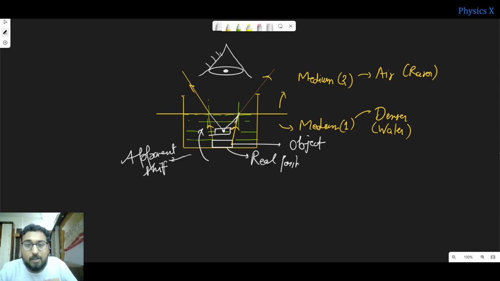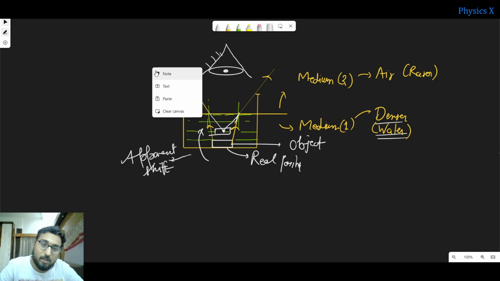So the meaning is, when you are observing an object which is placed in some other medium, and you are observing from some other medium, there will always be an apparent shift depending on whether the medium is denser or rarer. So that is the case.